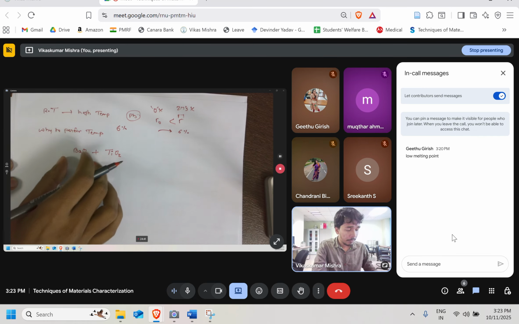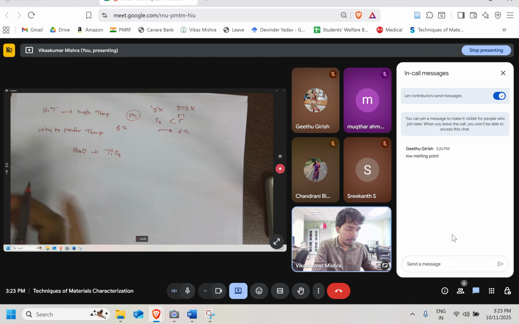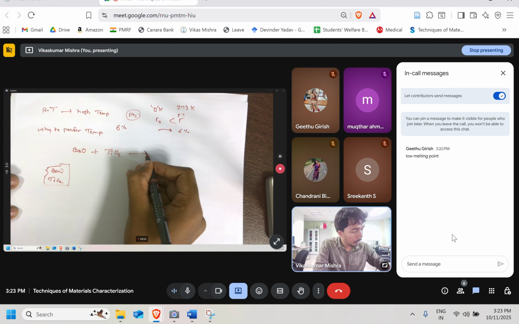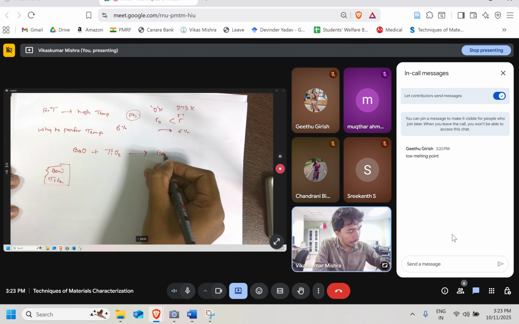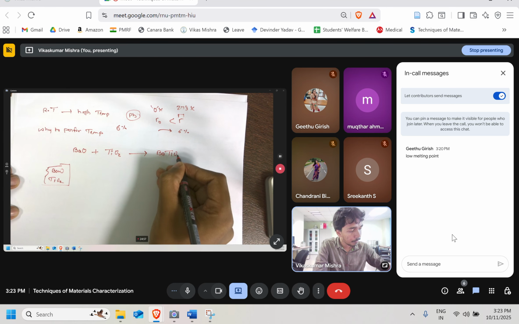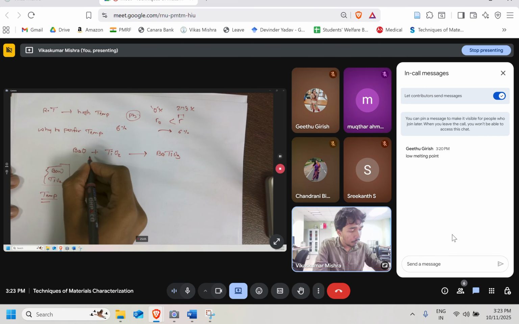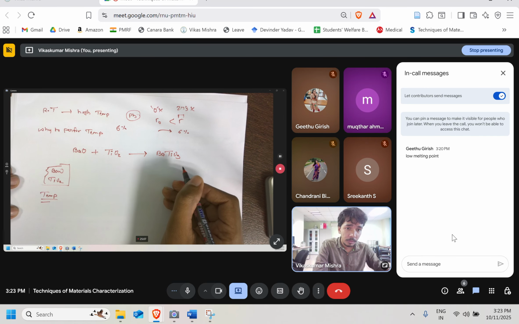At room temperature, if I mix the two powders, the container will have a BaO and TiO2 mixture. Now, if I want them to react to form BaTiO3, and I want to know the kinetics, like at what temperature this transformation begins.